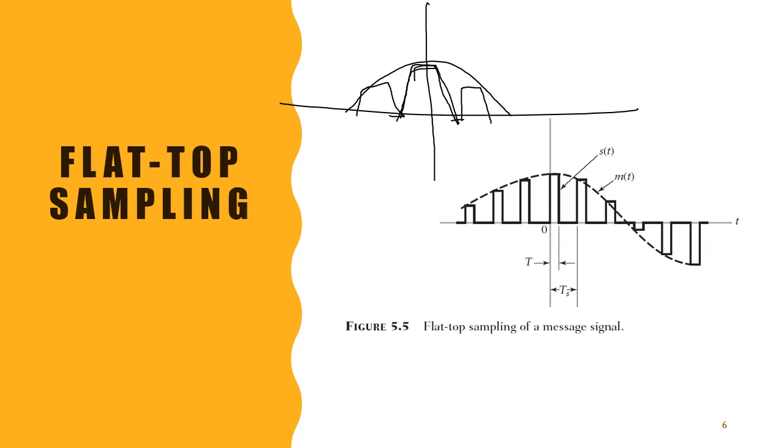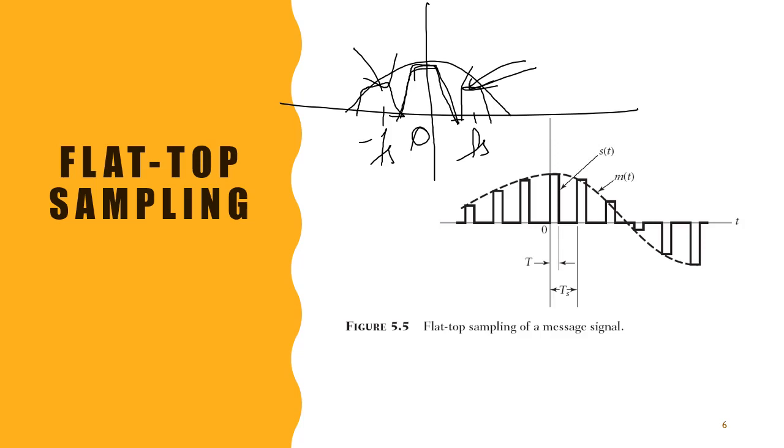So the higher frequency component amplitude is going to reduce here. If this is at 0 frequency for my message signal, then this would be at my fs, and this would be at my minus fs. So the amplitude of this signal is going to reduce in case of flat top sampling.